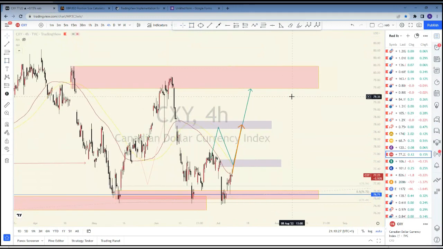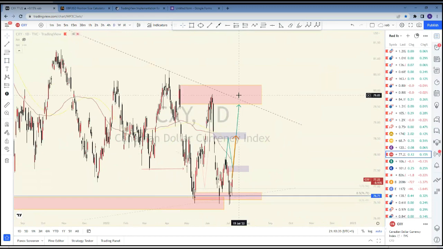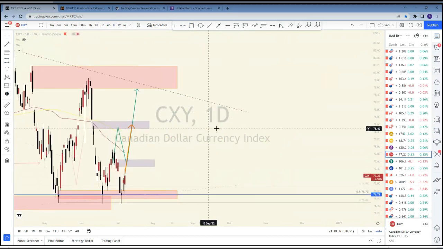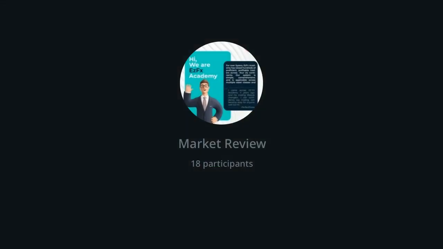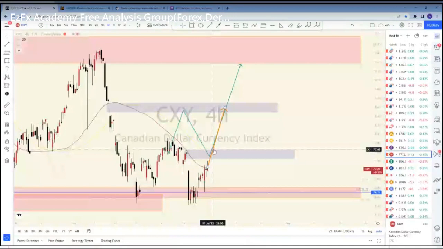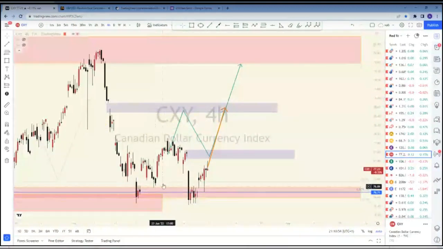So for CXY, since it's currently at an order block, I wouldn't be so positive about CXY being bullish. I want to see price break through this area already, and see that breakout before we can start to say this is the current structure, this low has been broken.